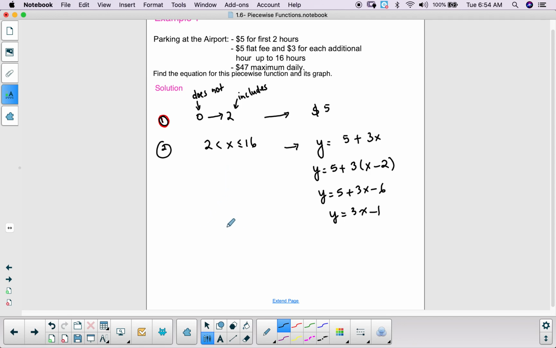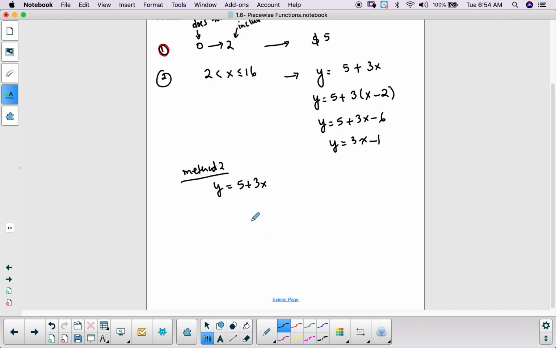A second way to get the equation of the line is another method. You have y equals 5 plus 3x, but this is not going to work for this portion because it's only starting at the value of 2. It doesn't start at 0 like it would for a regular line.